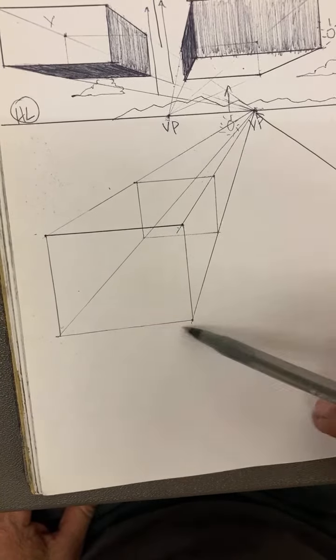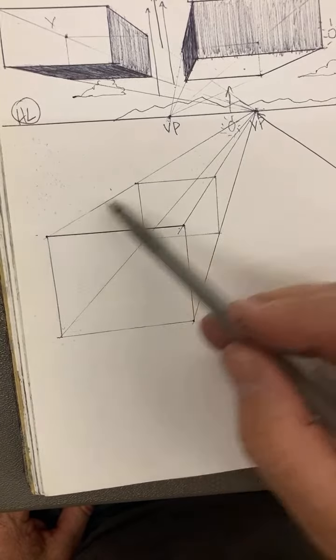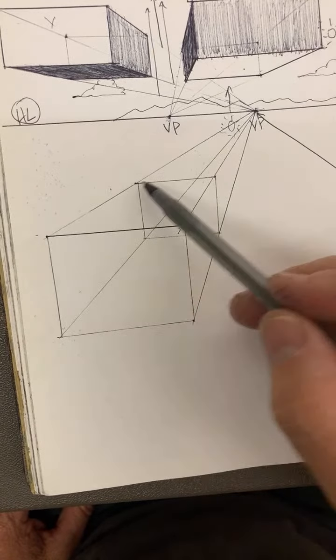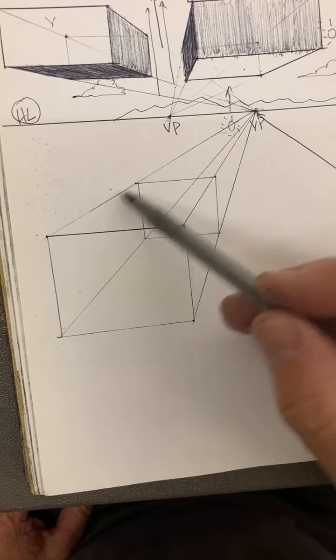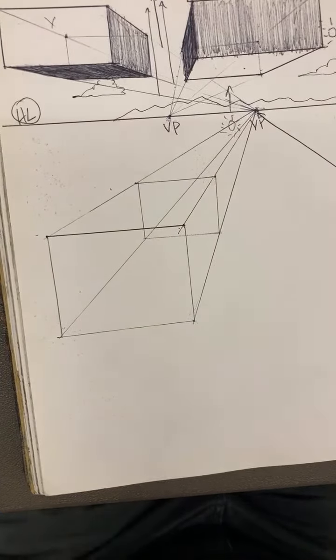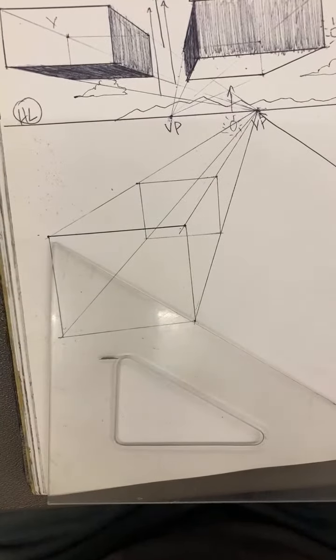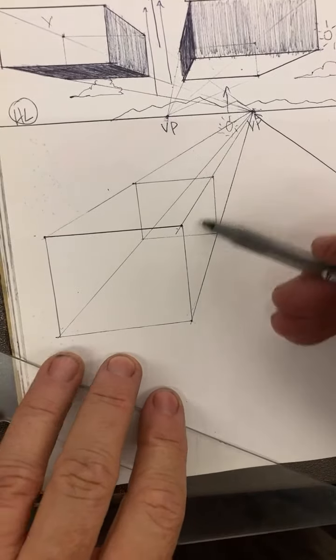So we have 1 in the front, 2 in the back, 3 on top, 4 on the bottom, 5 on the left, and 6 on the right. Okay. And then go ahead and shade that.